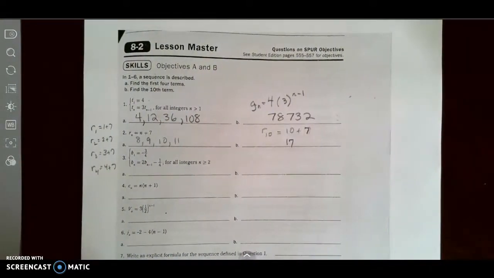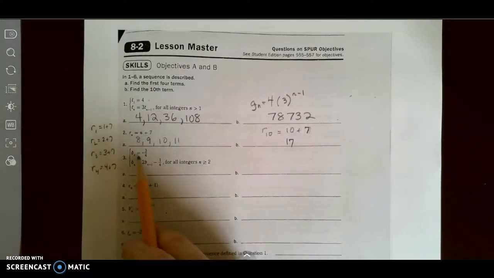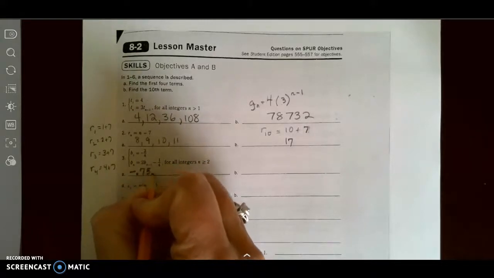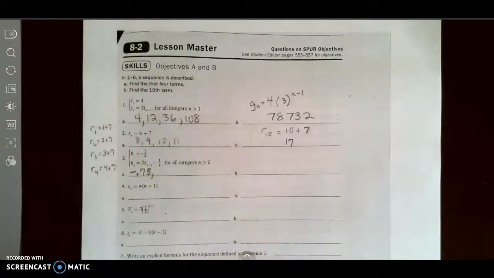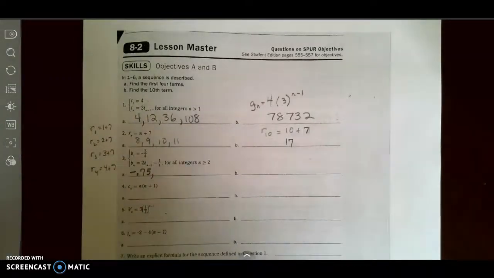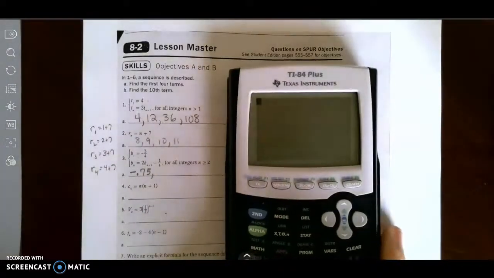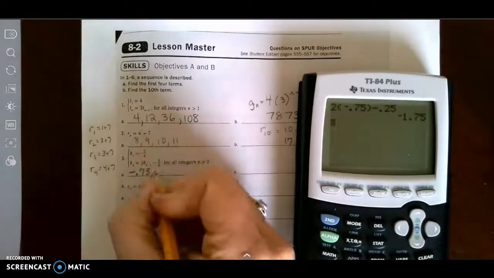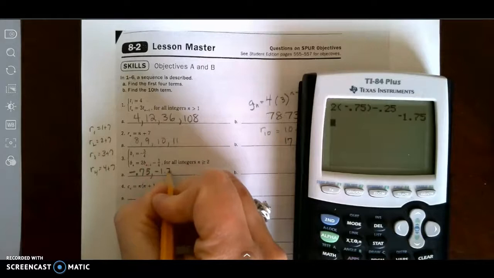Okay, let's do number 3. It says my first term is negative 0.75, so I'm going to write that as a decimal. I'm supposed to take the previous term and multiply it by 2 and then subtract a quarter. So 2 times negative 0.75, subtract a quarter, I'm going to do 0.25, and I get negative 1.75.